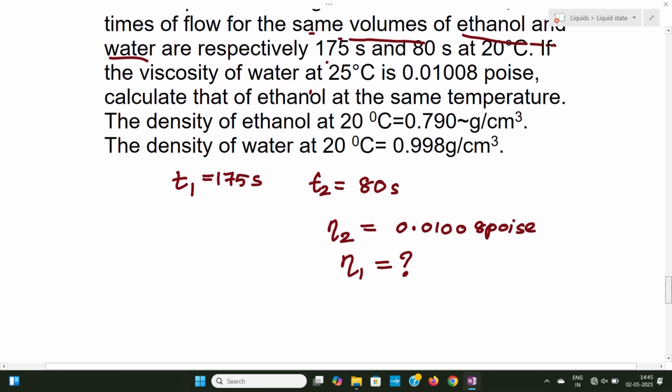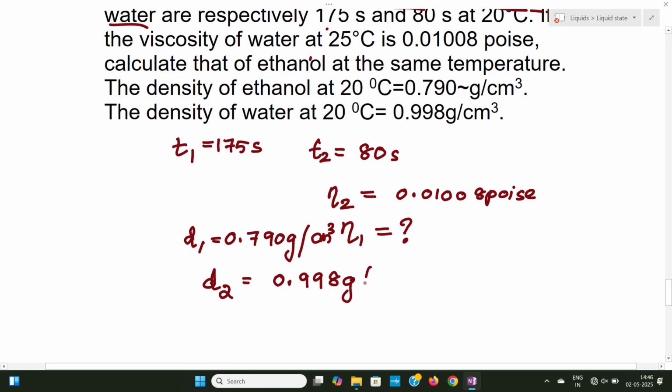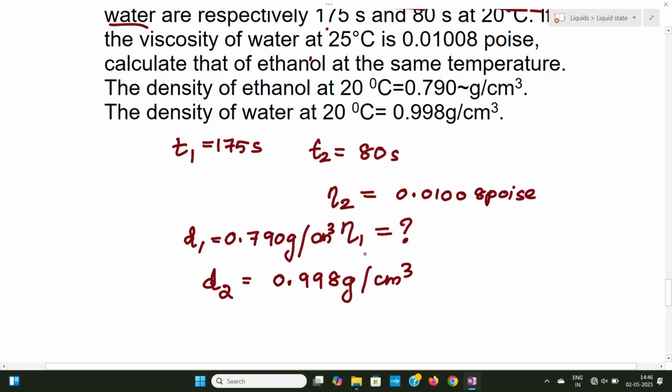They have given the density of ethanol, D1, as approximately 0.790 gram per centimeter cube, and D2 for water, the density is 0.998 gram per centimeter cube. These are the data given to us, and we have to find eta 1, the coefficient of viscosity of ethanol.